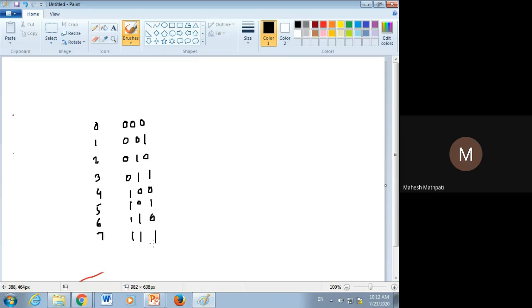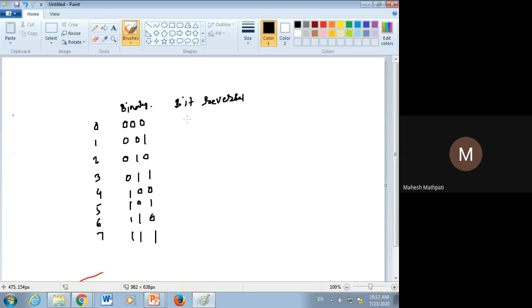Are you noting this? So first I have written our normal numbers from 0 to 7. Then second is the equivalent binary number. Then here you write the bit reversed order.